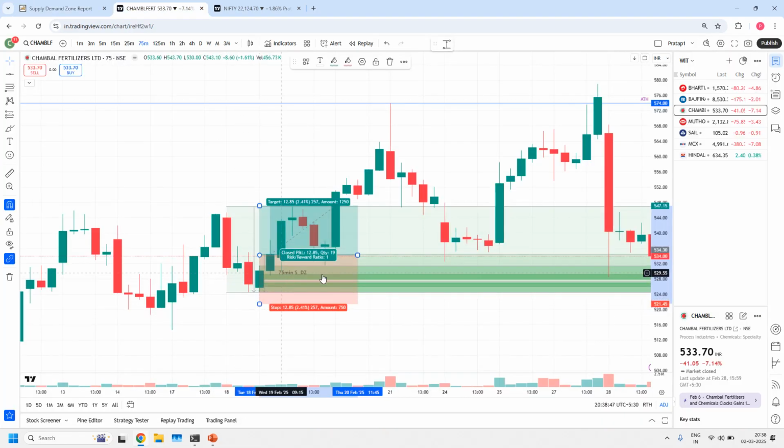And what is the low of this 75 minute zone? The low is this candle's low. 524.55.